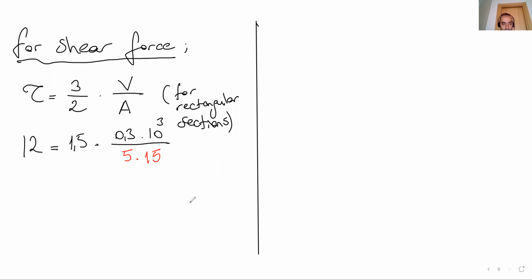By the way, I made something not wrong, but this should be like this. We designed the section according to moment. Here we checked these dimensions for shear force. So at the end of the day, the stress calculated for B equals 5 should be less than 12. Let me calculate it.